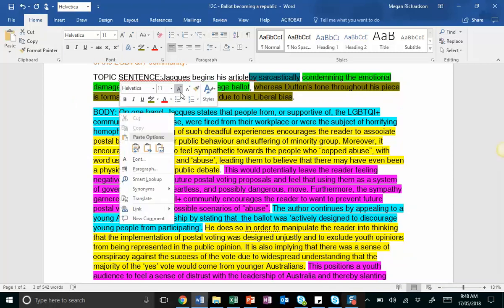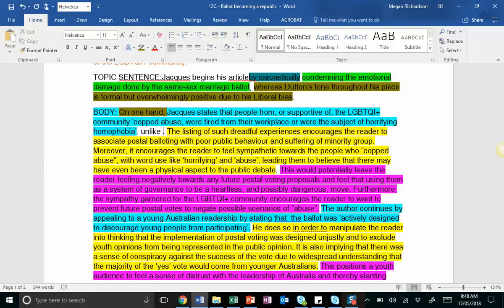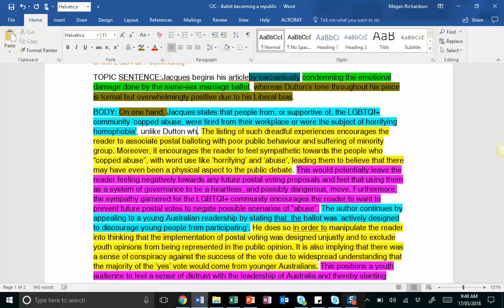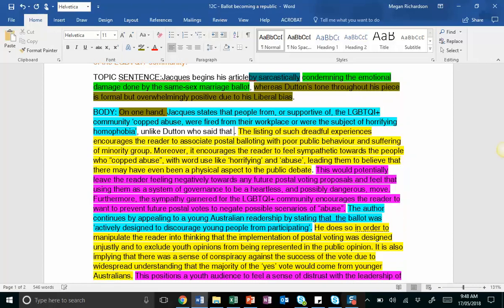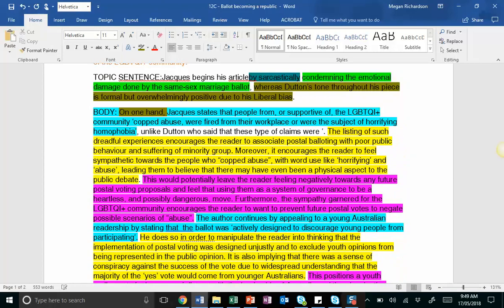You with me? Stay with me. On one hand, Jacques states that people from blah, blah, blah, blah, blah, unlike Dutton, who said that these type of claims were, let's use his word, what was it, overhyped?